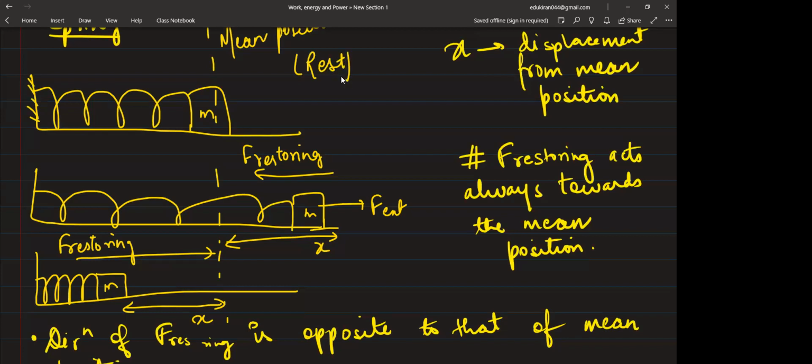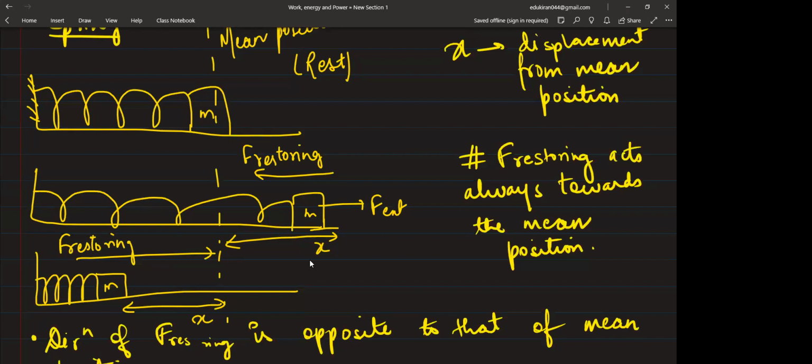Now, if you extend it, there is extension produced in the spring, which means from the mean position, from the resting position, the block has been displaced. So we always calculate the distance from the mean position. So from the mean position to this point M, the separation is x. All right, this is the separation x which we take.